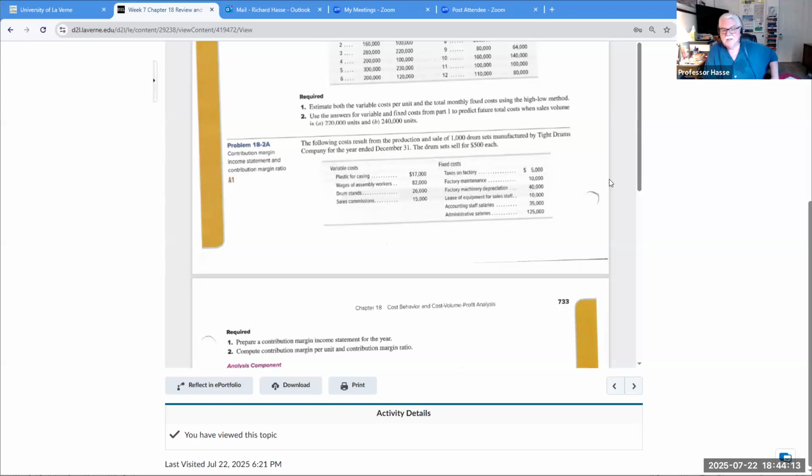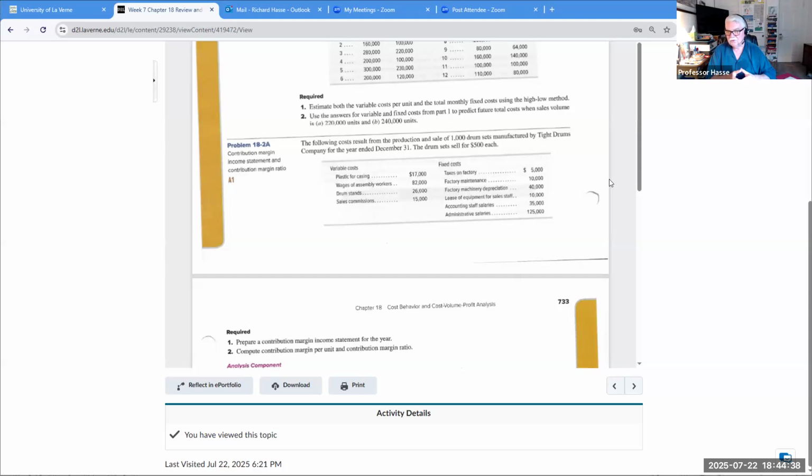The problem is we're now trying to find out what is our contribution margin per unit. Remember, the contribution margin is the difference between selling price per unit and variable costs per unit. Selling price less variable cost, because those variable costs change with volume.